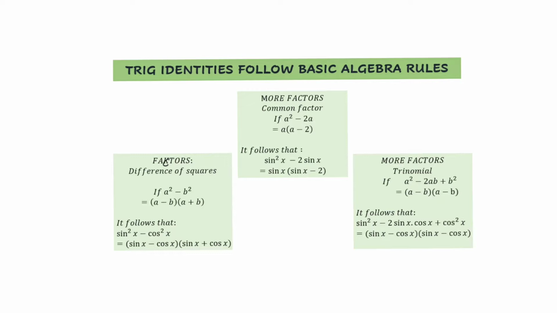This is a very important one, the trinomial. We use it a lot. So have a look. This sine square x minus 2 sine x cos x plus cos square x becomes sine x minus cos x times sine x minus cos x. It's two brackets with two negatives.